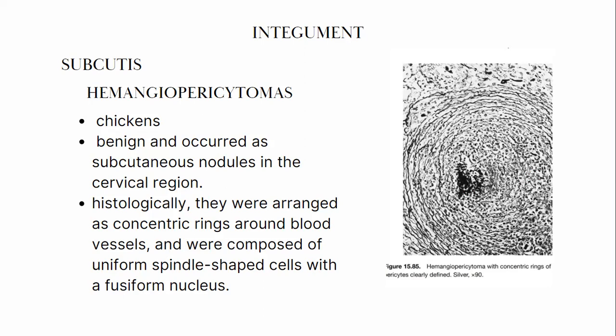Histologically, they were arranged as concentric rings around blood vessels, and they were composed of uniform spindle-shaped cells with fusiform nucleus. So this is a spindle-shaped hemangiopericytoma with concentric rings. Diba? All sites clearly defined. Next.